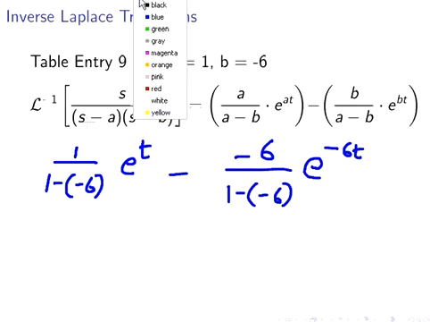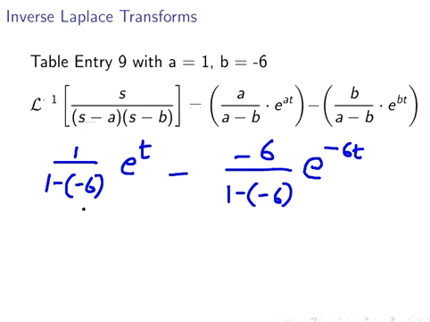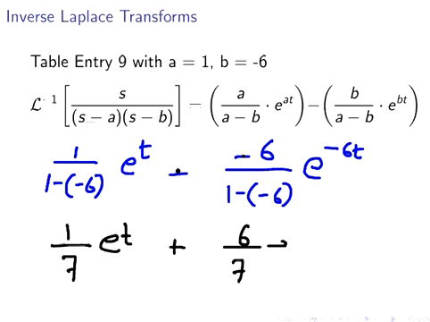I'm going to simplify that now. 1 minus 6 is minus 5, so... actually the simplified form: 1 over 7 e to the t, the two minuses cancel out, so we have plus 6 over 7 e to the minus 6t. Okay, so that's the first expression there.